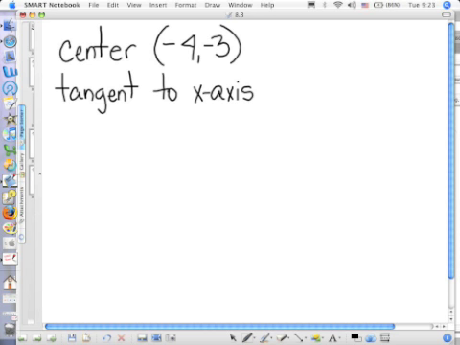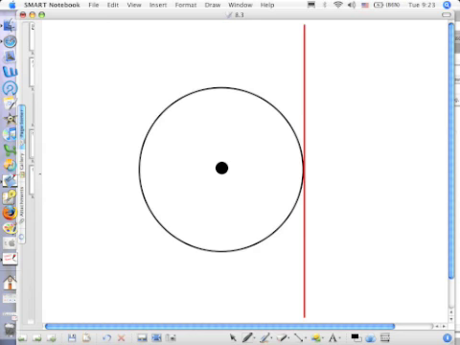For those of us that had geometry already, what does it mean if I say that a circle is tangent to something? If a circle is tangent to a line, it means that the edge of the circle touches one point on the line. Okay? That's what it means to be tangent. Now, if this red line represented an axis, which axis would it be?